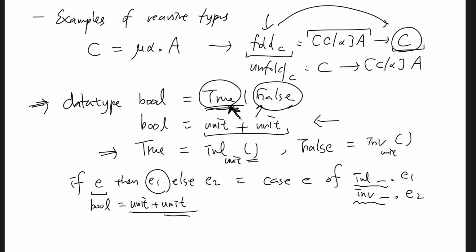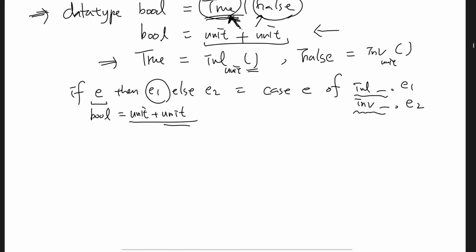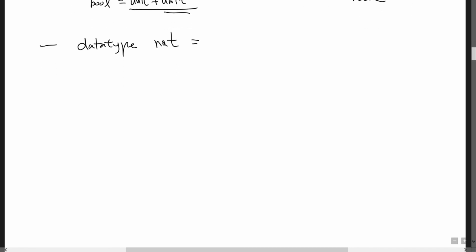Now let's see an example of recursive type. So the simplest case is the recursive type natural number. So data type nat is defined as either 0 or successor of a natural number.